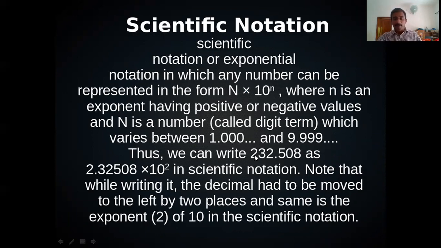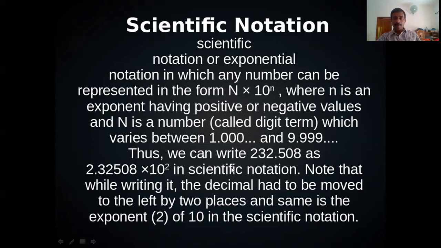So this can be represented as 2.32508 into 10 raised to. What should be the power? The decimal point is shifted 2 places to the left, so the power is also equal to 2. So 2.32508 into 10 raised to 2, that is the scientific notation.